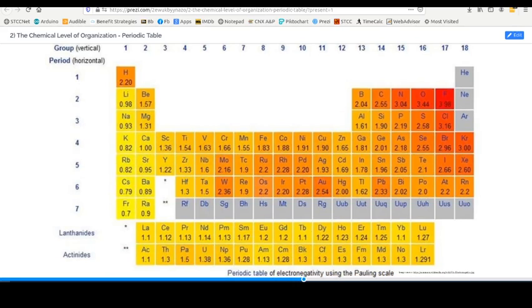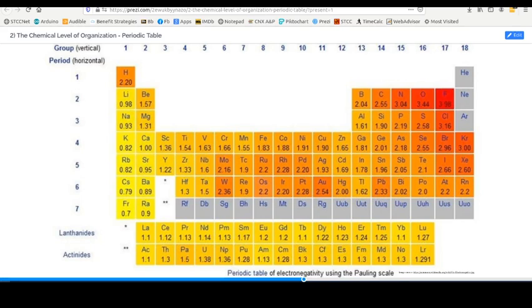This version of the periodic table is highlighting one property in particular, which is called electronegativity, or electron affinity as the previous representation really described it. How electronegative something is, or what its affinity for electrons is, really describes how it interacts with other atoms when it binds.